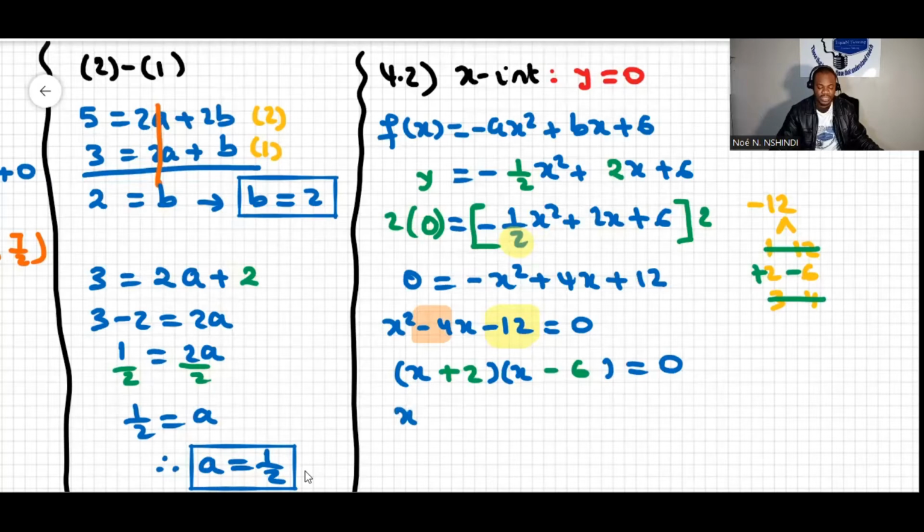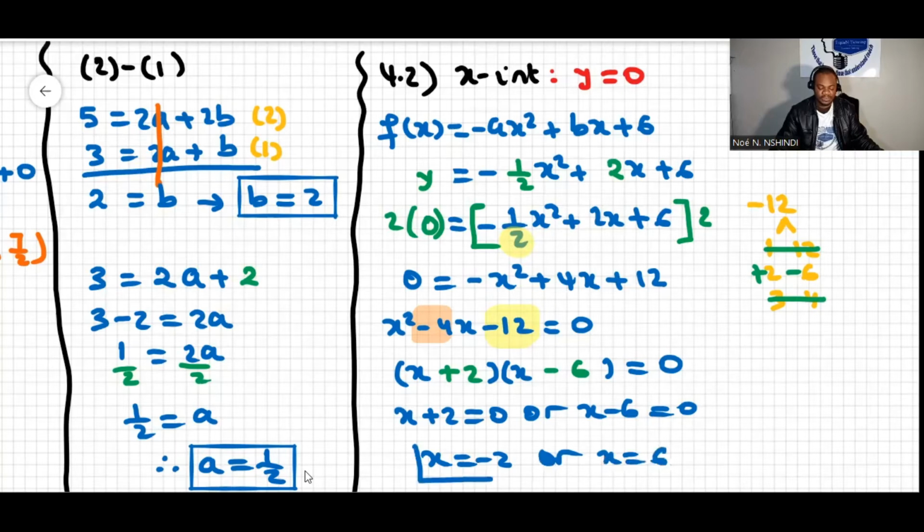It means that x + 2 equals 0, or x - 6 equals 0. If I move the 2 over, x is equal to -2, or x equal to 6. So these are the values of the x-intercepts.